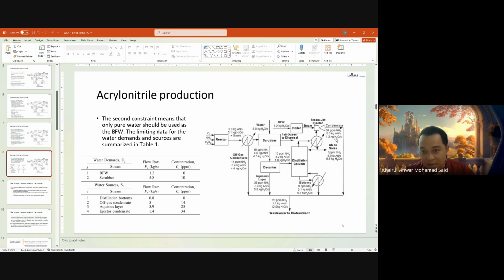Most of the ammonia goes with the condenser, and the rest goes to the steam ejector, condensate goes straight to the reservoir. We have a BFW demand of negative 1.2, and distillation water bottom source 0.8. Summing them up.